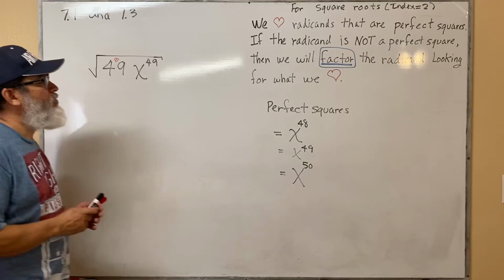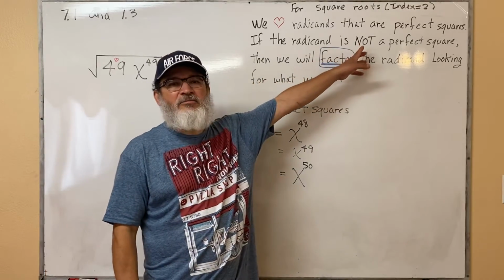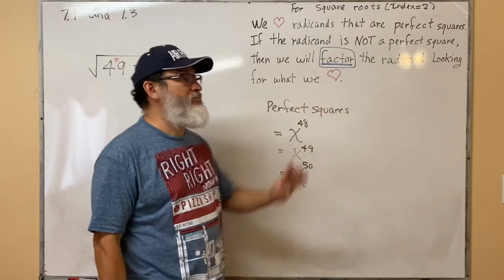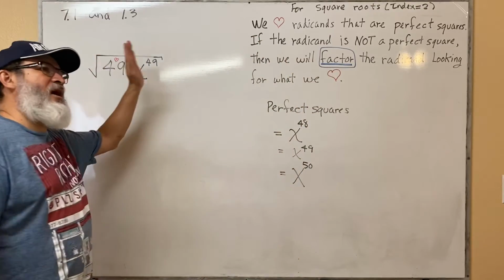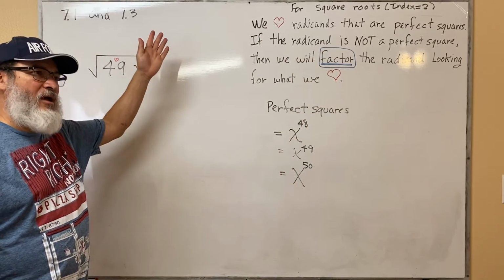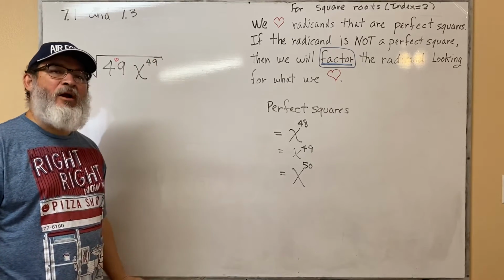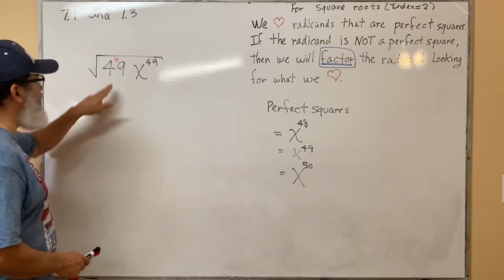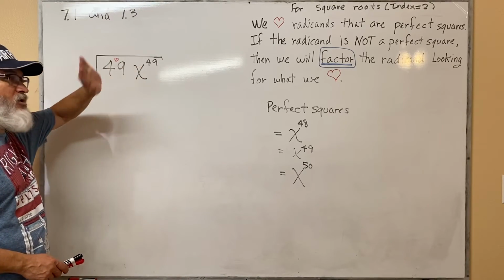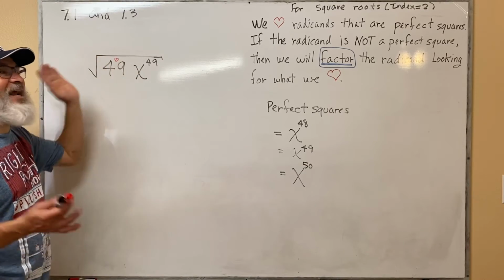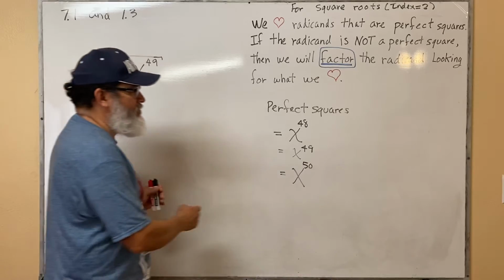No problem. Let's factor. Highlight this. Factor x to the 49th. And of your factors, one of them should be a perfect square. Okay, I love this one. X to the 49th, I don't love because it's not a perfect square. I got a factor. No problem.